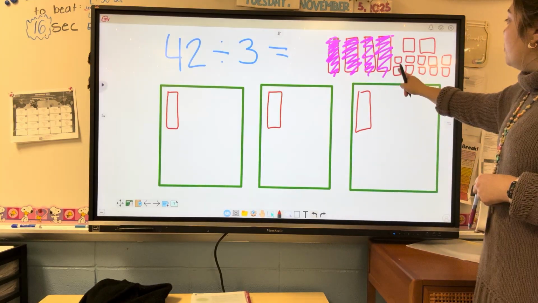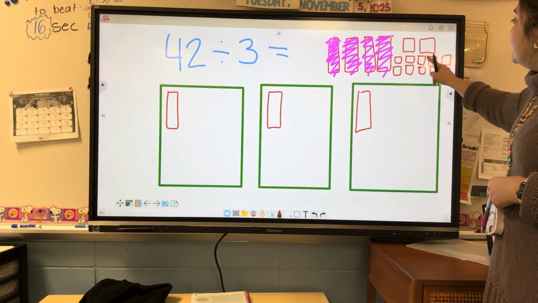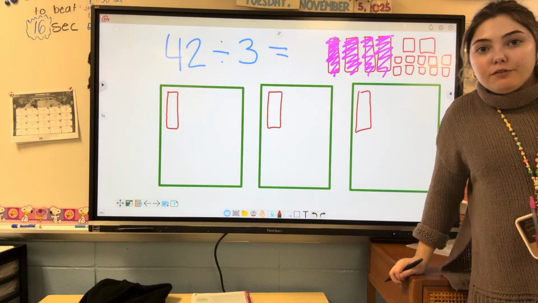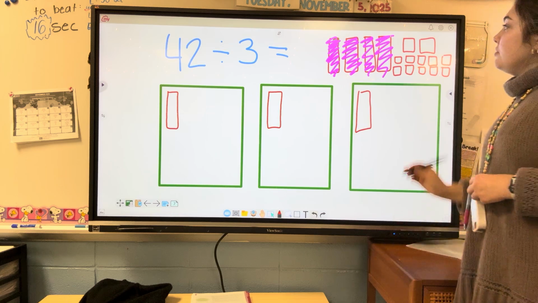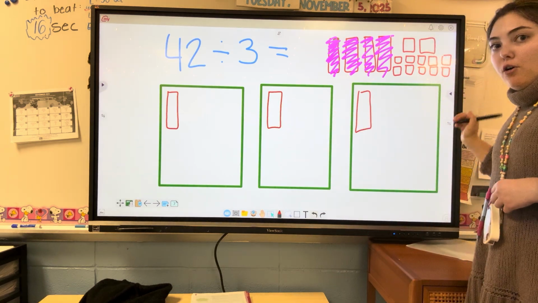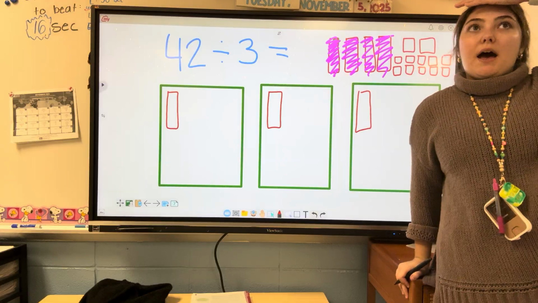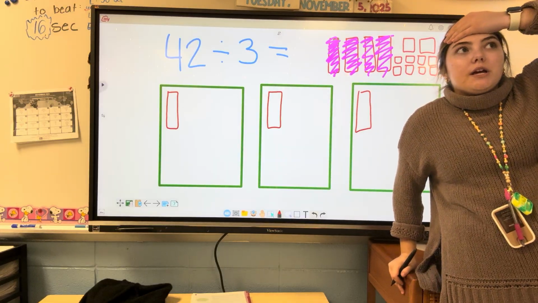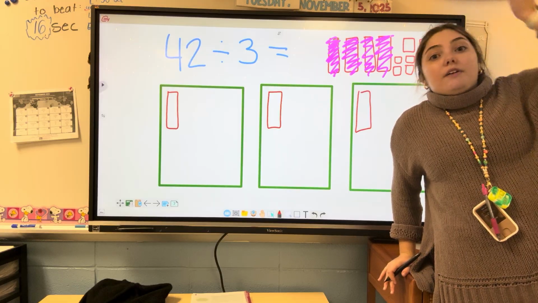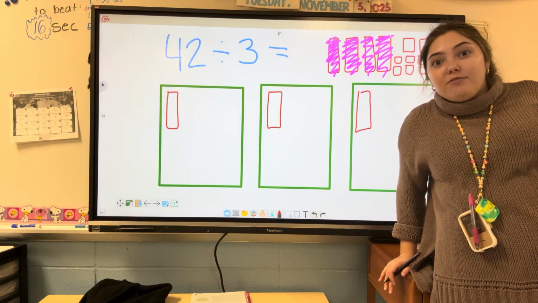So I see I have 1, 2, 3, 4, 5, 6, 7, 8, 9, 10, 11, 12. Now there's 2 different ways that they can do this. They can take 3 away at a time and go 1, 2, 3, and then cross them out. Or I can think in my head, I have 3 groups. 3 times a number is going to give me 12. If I know my multiplication facts, I know it's going to be 4.